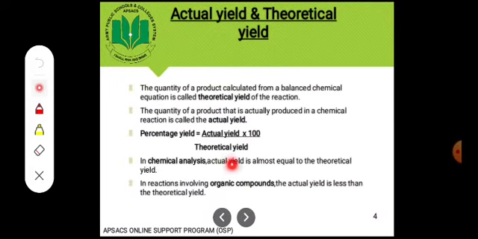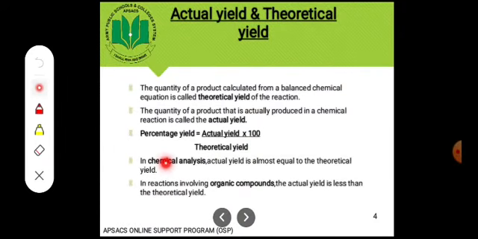In some chemical processes, the actual yield is almost equal to the theoretical yield. Means the reactions are 100% efficient, means the percentage yield of the reaction is 100%. And this happens during chemical analysis. You will do chemical analysis in your second year class.